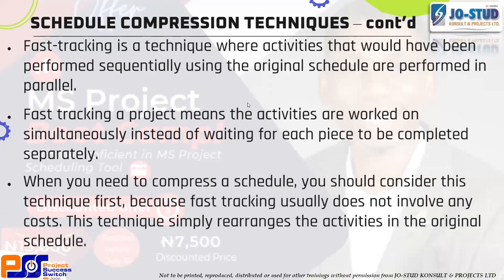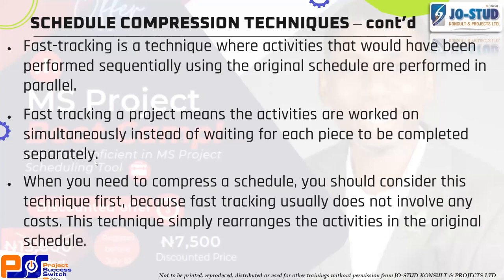What you did was you applied the compression techniques by using the lag. Okay, yes, that's one way to say it. But in context with the topic I'm teaching now, I say fast tracking in a project means the activities are worked on simultaneously instead of waiting for each piece to be completed separately. So what I've just done now is to fast track.